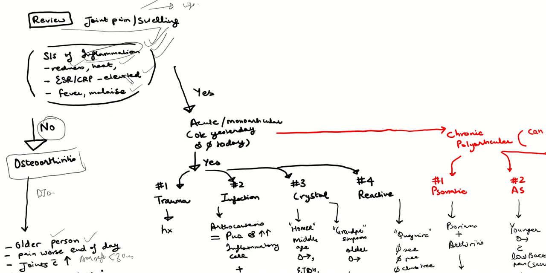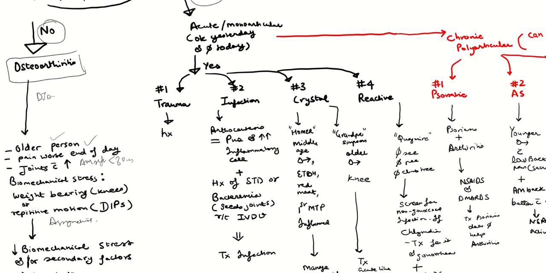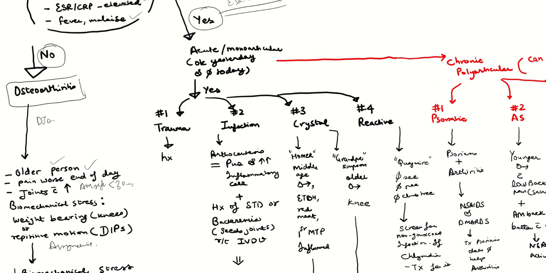If the symptoms are inflammatory, so in other words, you do have redness and heat, you do have fever and malaise and some of the constitutional symptoms, and your ESR-CRP is elevated, this is inflammatory. Now you have some choices.